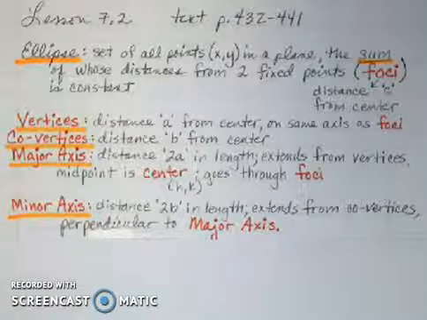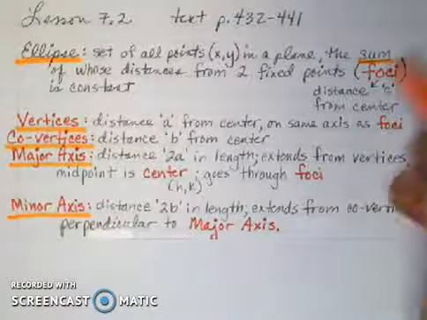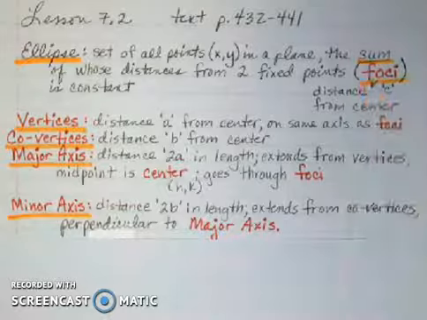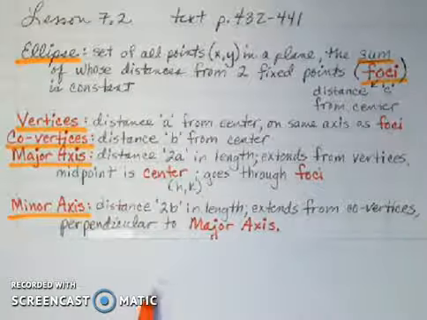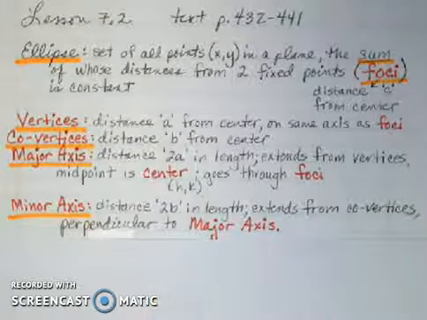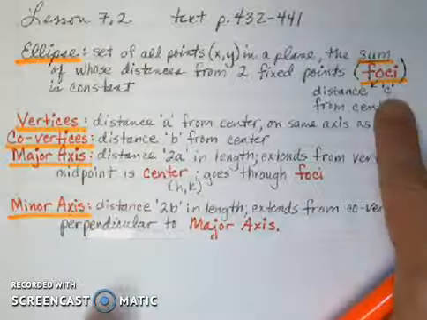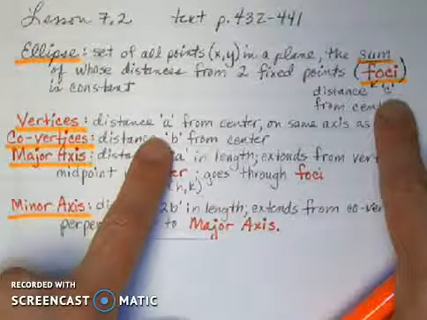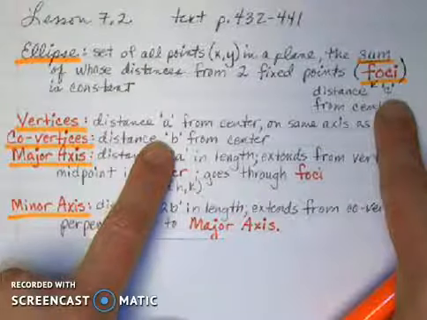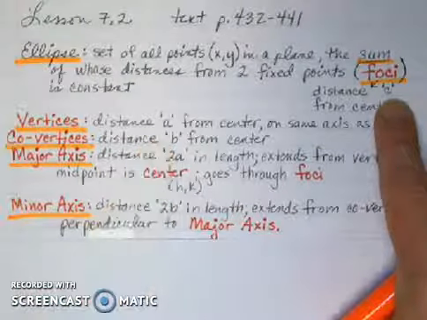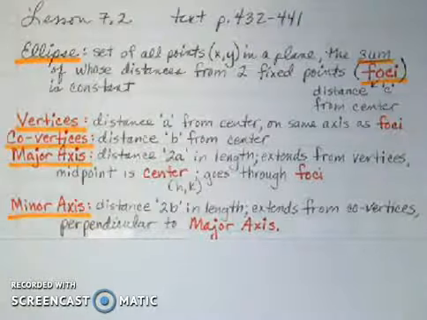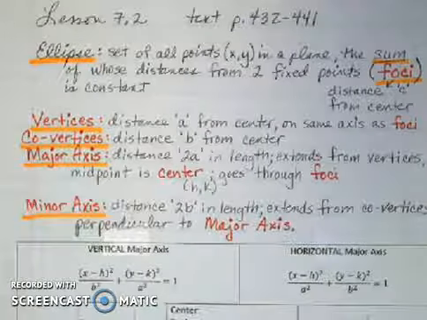And sometimes you'll be given the foci, or you'll be given the vertices, or you have to calculate the others. So if you've noticed, we have a c distance, we have an a distance, and we have a b distance. Typically, you are given 2 out of the 3, and you have to find the other one. Okay?